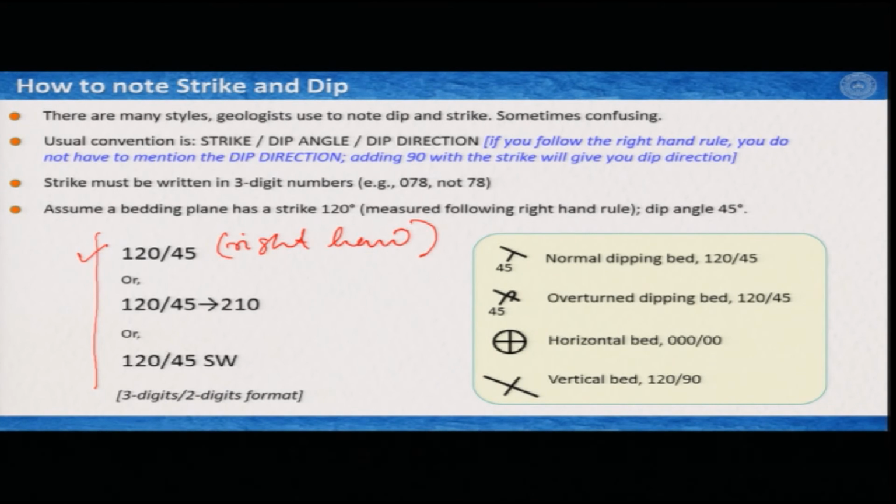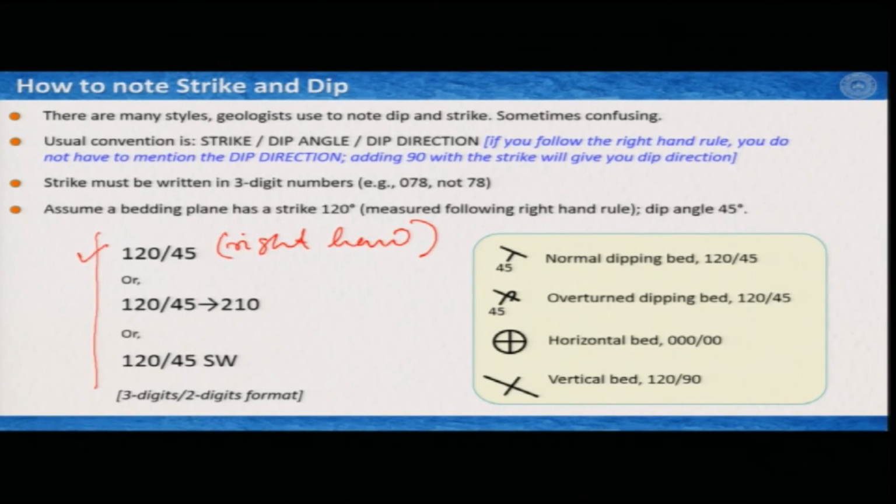Now this is how you note your dip, strike and dip direction data in the field notebook. But how to plot them on the map, or how to read them on the map? If you are looking at a structural geology map, you will see many symbols. Now you have to understand what is what. So if you have a normal dipping bed with the same orientation, 120 degrees, 45 degrees, then the symbol is something like that.